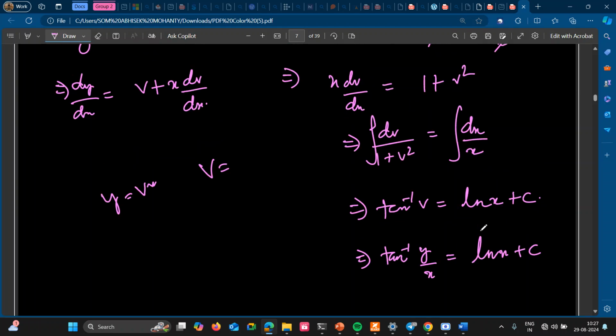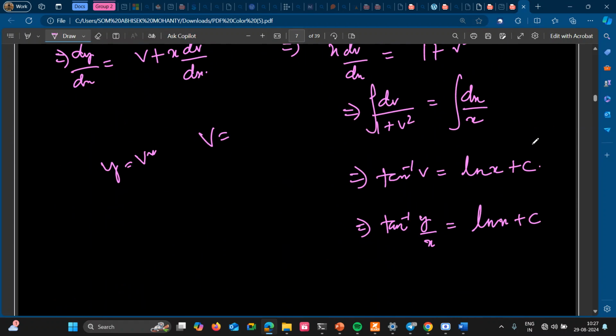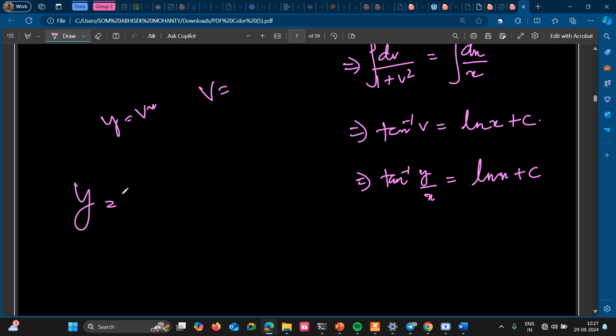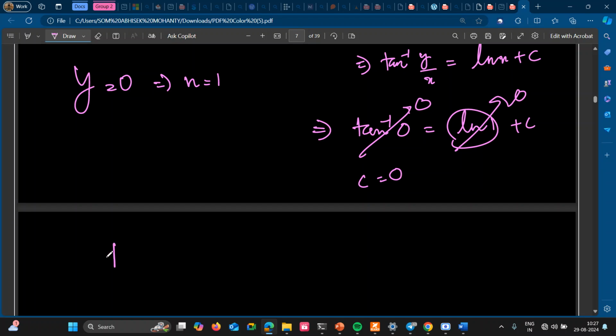Correct? Now we'll just simply put the boundary conditions. Y is equal to 0 as x is equal to 1. So when y is equal to 0, x is equal to 1, put it here. So tan inverse 0 is equal to ln 1 plus c. So ln 1 is 0, tan inverse 0 is 0, so c is equal to 0. So tan inverse y by x is equal to ln x.